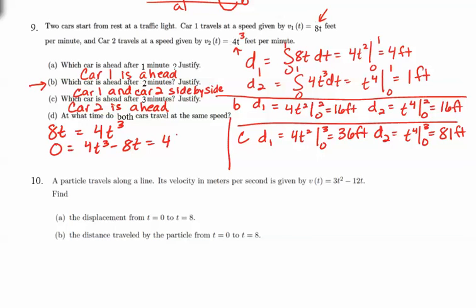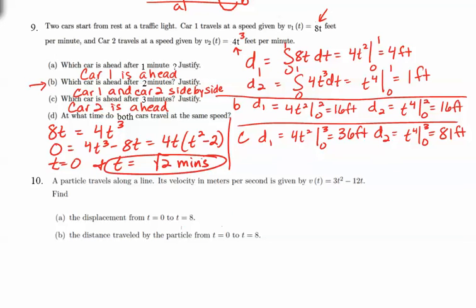And then let's factor a 4t, t squared minus 2. So at time equals 0, of course we knew their velocities were 0. And then at times equal to plus or minus the square root of 2. And of course the negative square root of 2 is not helpful to us here.